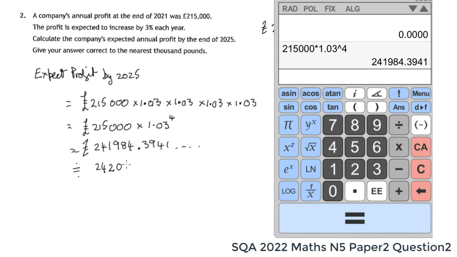And of course, we need to indicate that that's thousands by putting all these zeros in. So it's 242,000 to the nearest £1,000. So we'll put that down to the nearest 1,000. And that's our expected profit for the company in the year 2025.